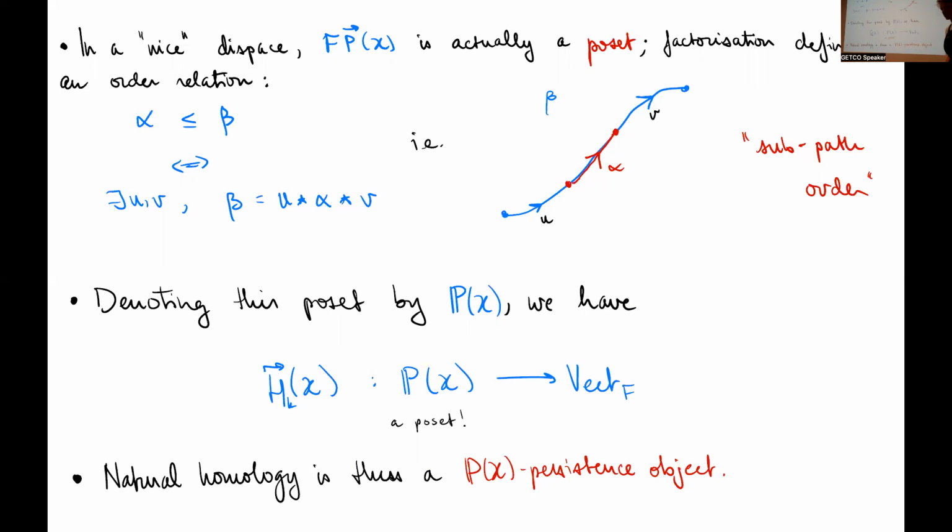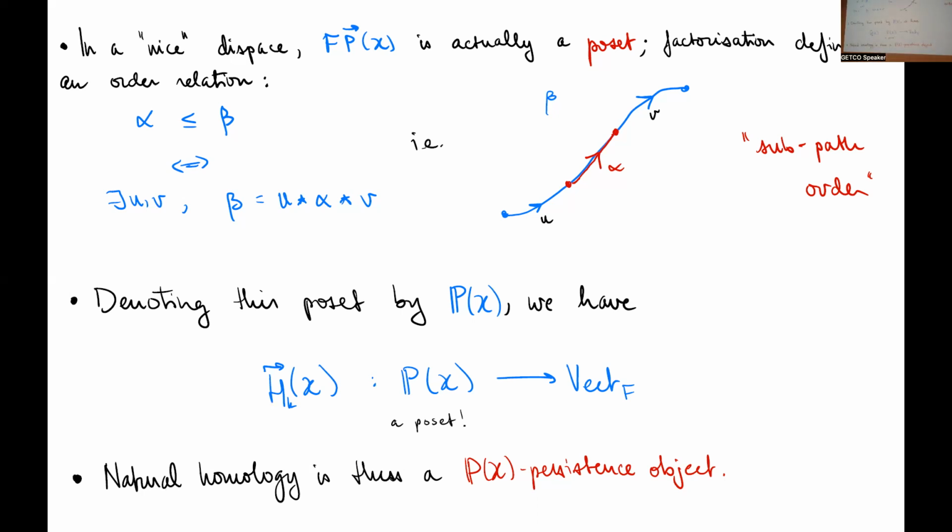Instead of having this big, scary invariant, now it looks like a persistence thing, so we can maybe hope to calculate it in a nice way. But in general, it's a very complicated poset. We don't really know how to calculate persistence over it very easily. Maybe if we just had N to the d for some d, it would be a little bit easier.